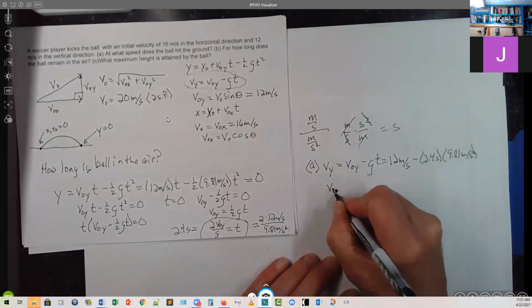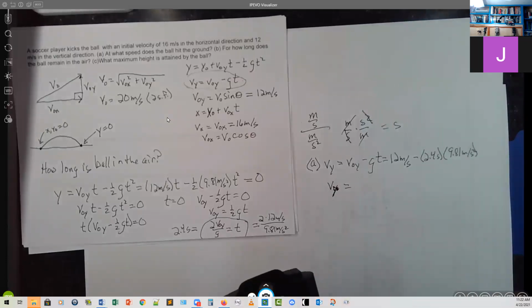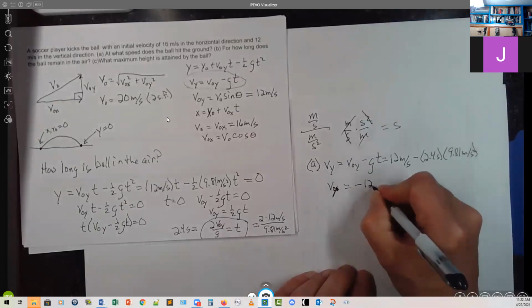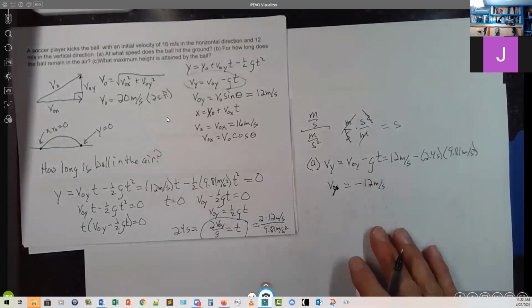V sub y, when it hits the ground, is going to equal 12 minus 2.4 times 9.81. And to two significant figures, I get minus 12 meters per second, which I kind of knew.